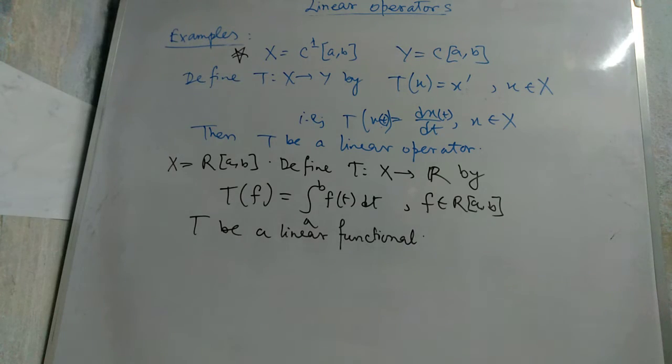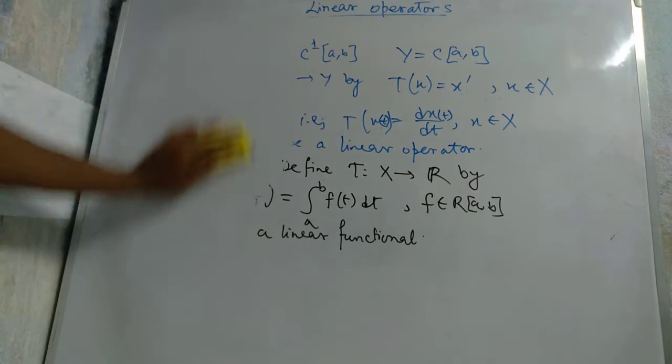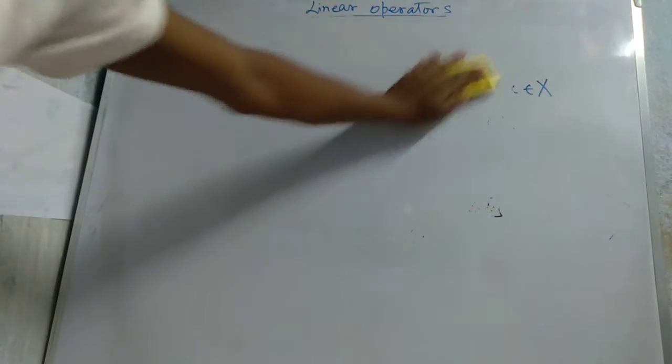Now we also give one example which is not a linear operator. All of these above are linear operators, so we gave some examples of linear operators. Now we keep one example which is not a linear operator.